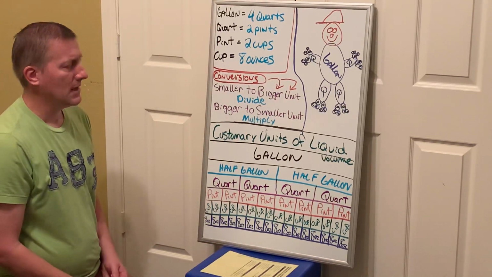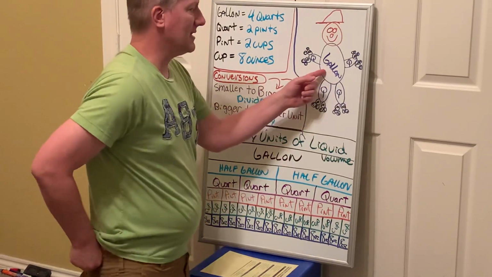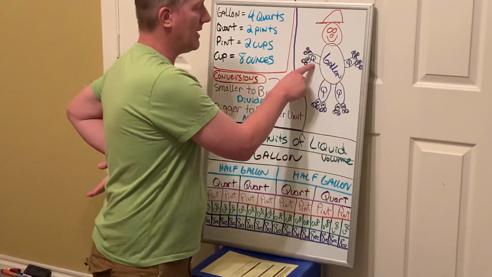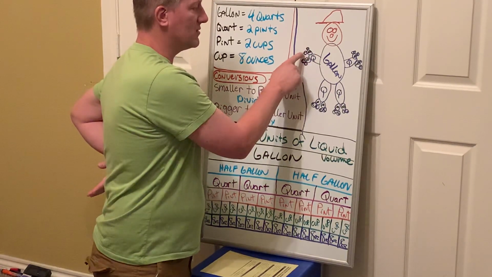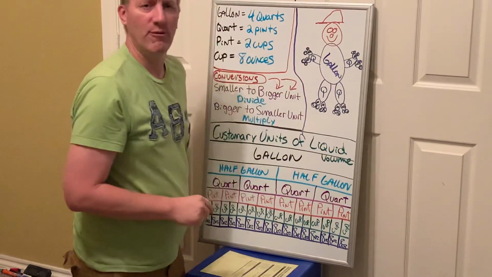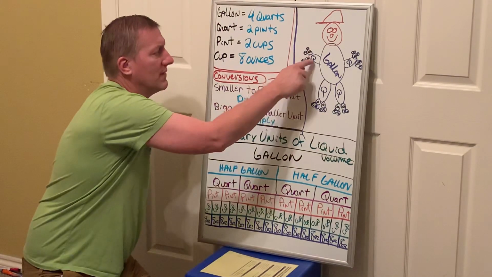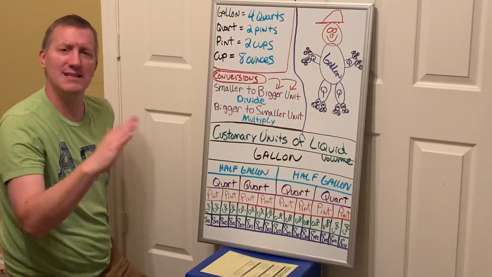And what this helps you do is easily see how many cups are in a quart. Here's a quart, and there's 1, 2, 3, 4 C's, or 4 cups. So in 1 quart, there would be 4 cups. So you can easily convert.